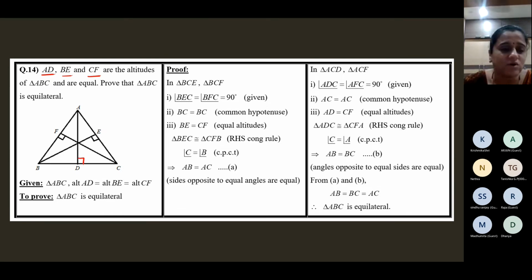This is also 90, children. I forgot to mark here. This is also 90. So altitudes are equal, so that is one piece of information. They are all right angles, 90 degrees. So maybe you'll get some common angle or common side, and you can finish your congruency.